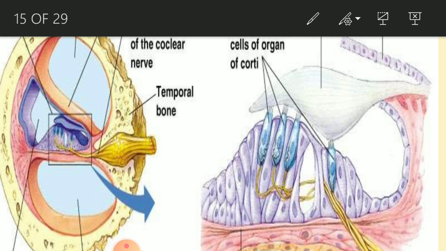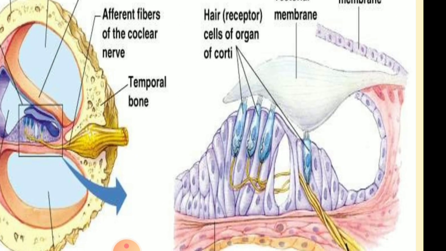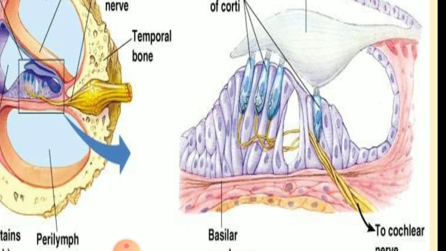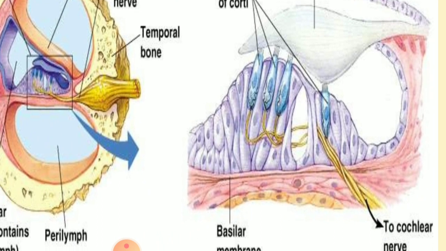And from where are these names derived? These names are according to their position in respect to the tunnel of Corti. You are seeing a white tunnel like structure in the middle, which is bound on both sides by two elongated cells or rods of Corti.